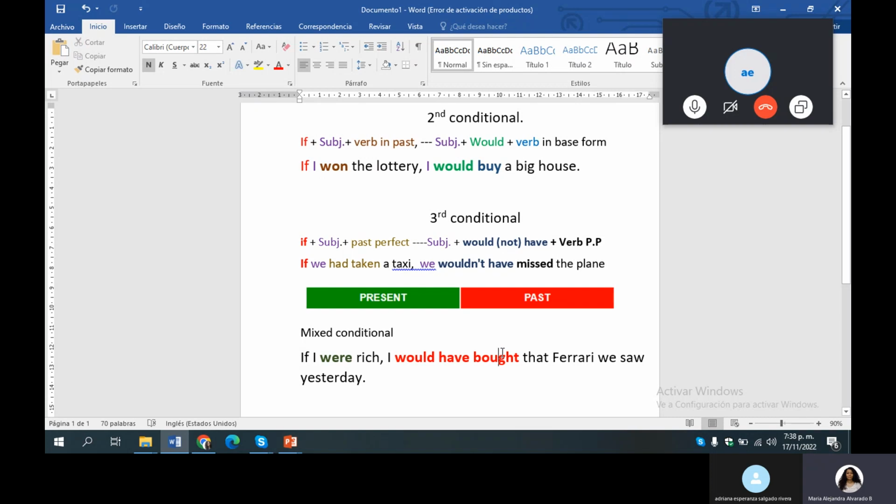So that's why it's mixed conditional, because we can combine this part with this part right here. So basically, I took this rule and this rule, and I combined it. It's okay right now? It's okay.